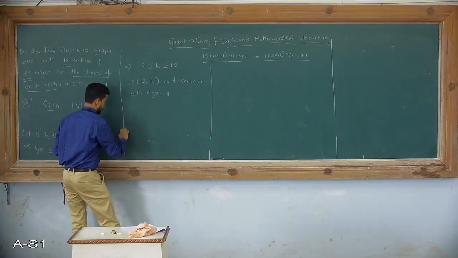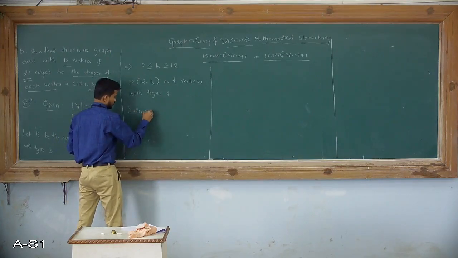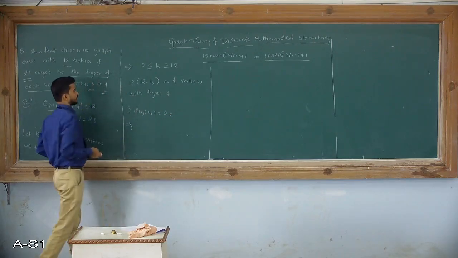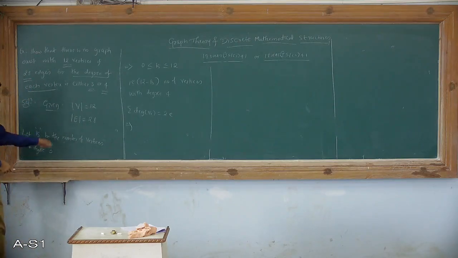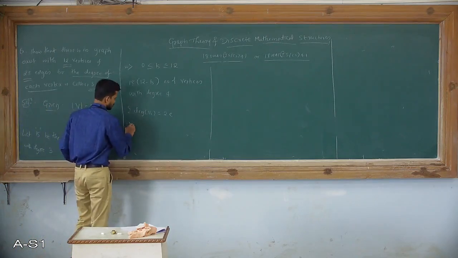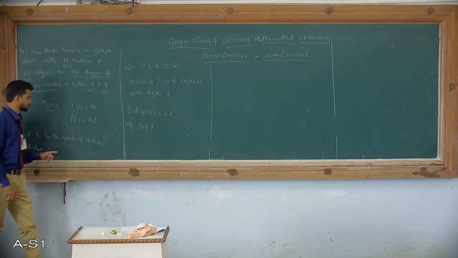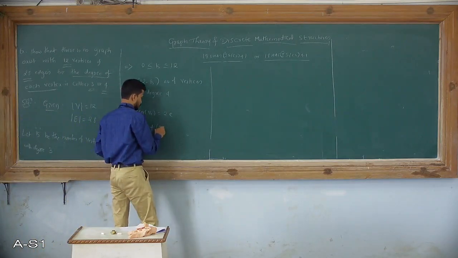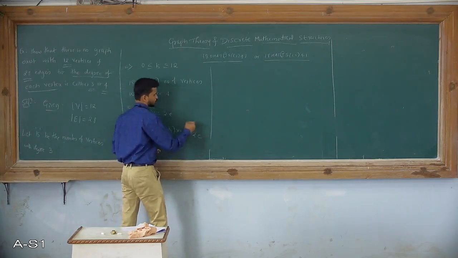Therefore, using the handshaking property, the sum of the degree of each vertex is equal to 2 times E. Here two classes of degrees are given, degree 3 and degree 4. So the first one is 3 times K, because the K vertices have degree 3, and the second is 4 times (12 minus K), because 12 minus K is the number of vertices with degree 4, which is equal to 2E.